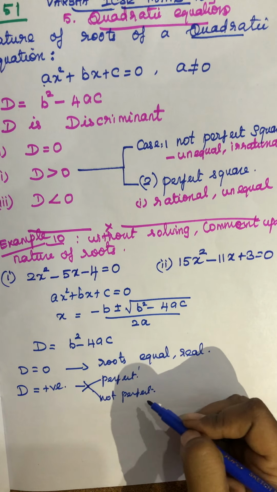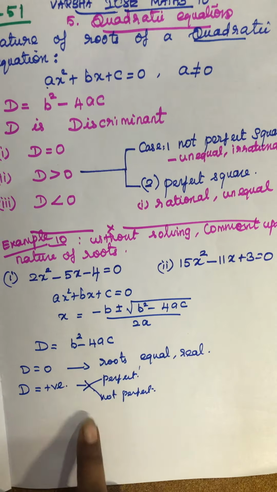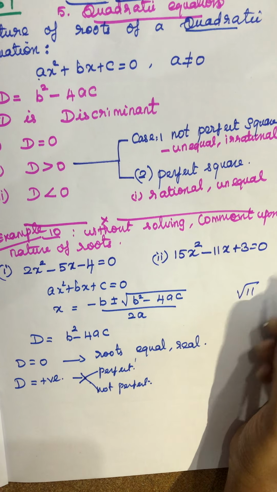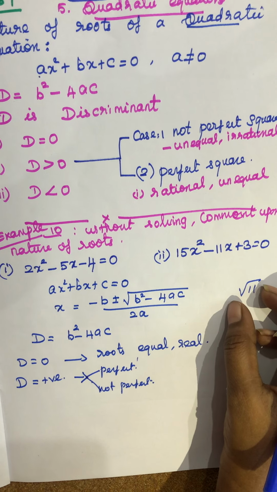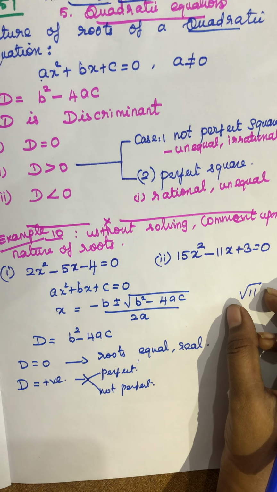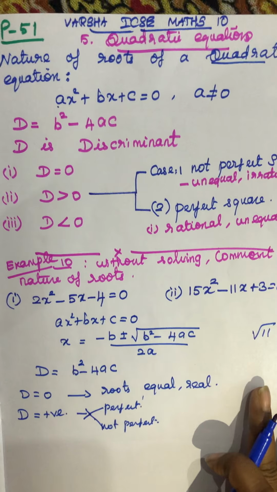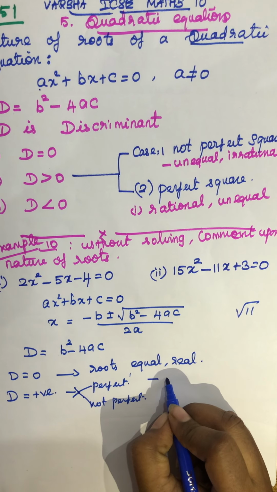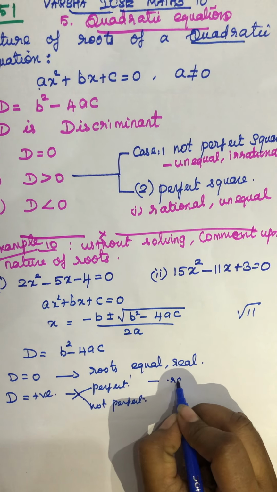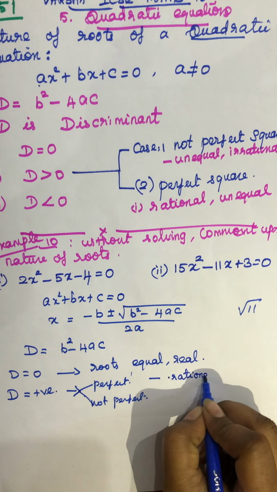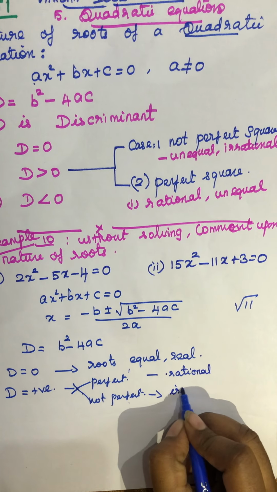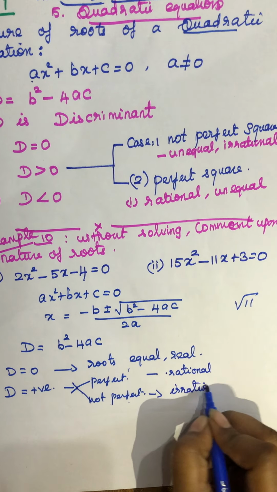If it is not perfect, like √5 or √11, then it will be an irrational number. That is important. If it is a perfect square, it gives rational numbers. If it is not perfect, it will be irrational.